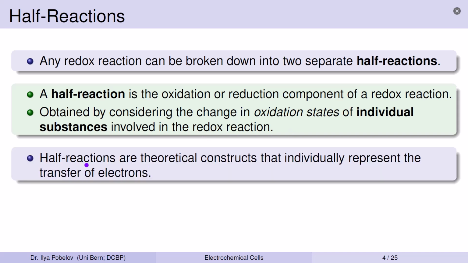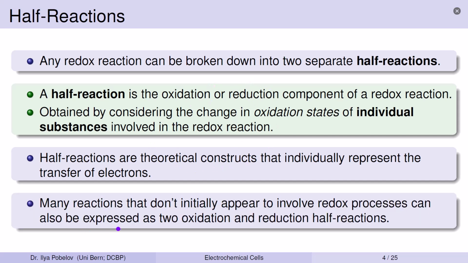These half reactions are theoretical constructs that individually represent the transfer of electrons. This approach is not limited to typical redox reactions. Many reactions that don't initially appear to involve redox processes can also be expressed as 2 oxidation and reduction half reactions.